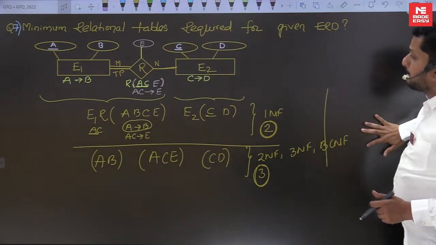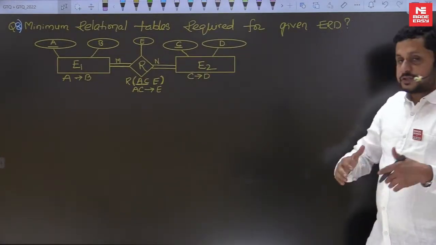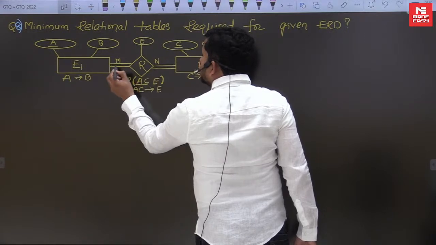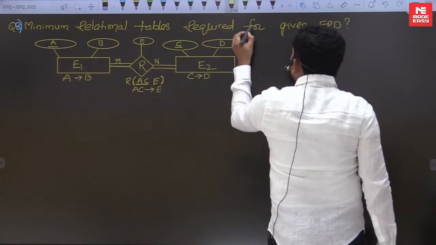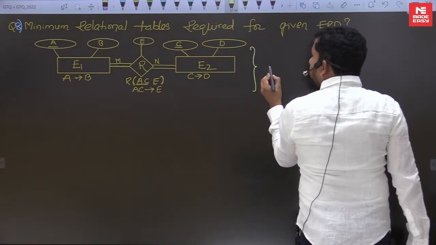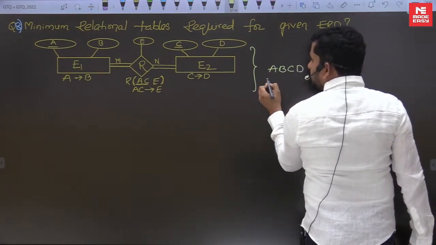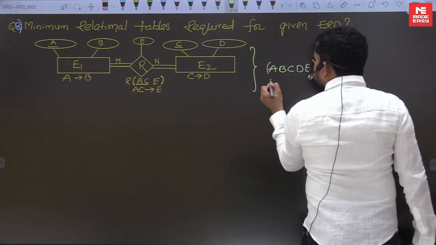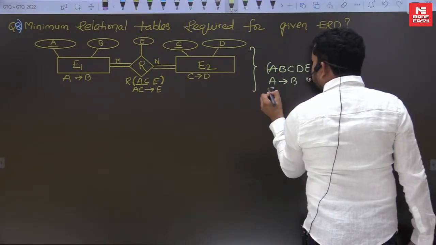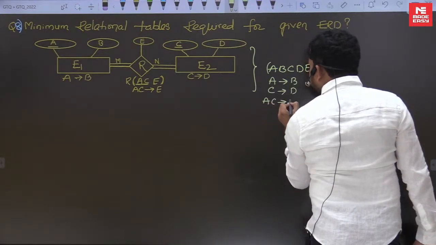This is also frequently asked by many of the students through WhatsApp and all. So many to many total participation on both sides, then minimum 1 table is sufficient, but it violates BCNF. The FDs are A determines B from E1, C determines D from E2, and AC determines E from the relationship.